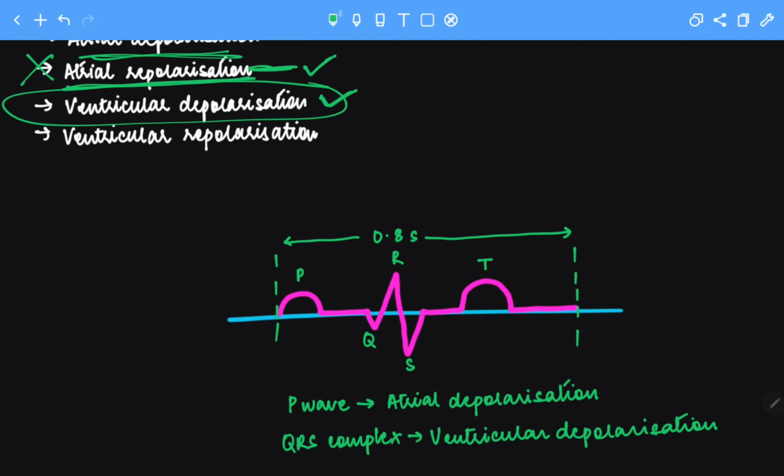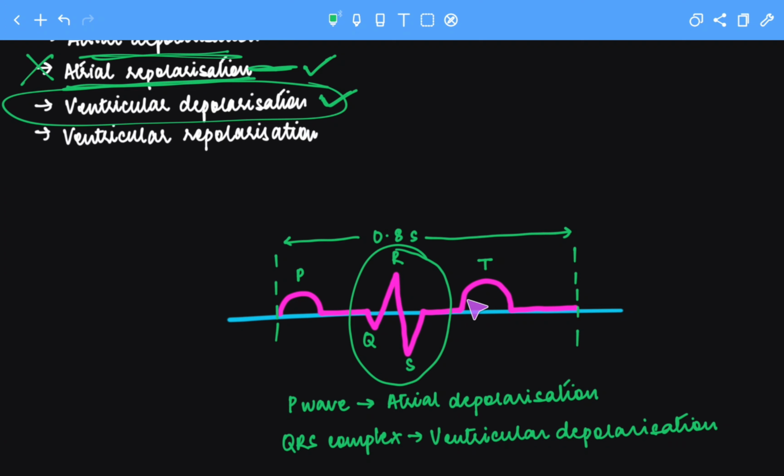But the ventricular depolarization is much stronger than the atrial repolarization. Hence, the ventricular depolarization will overpower the atrial repolarization, and only the ventricular depolarization is going to be visible, which is the QRS complex.